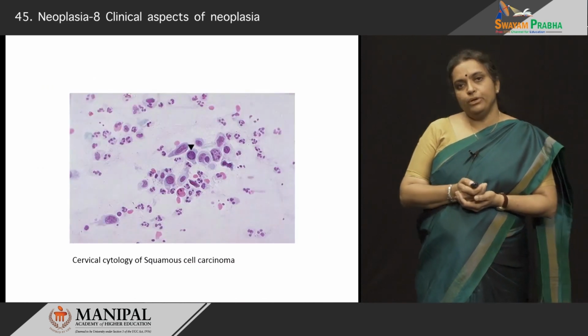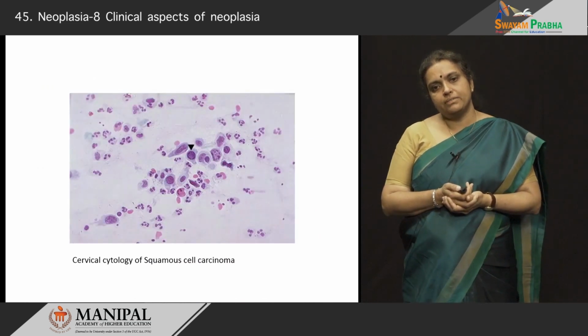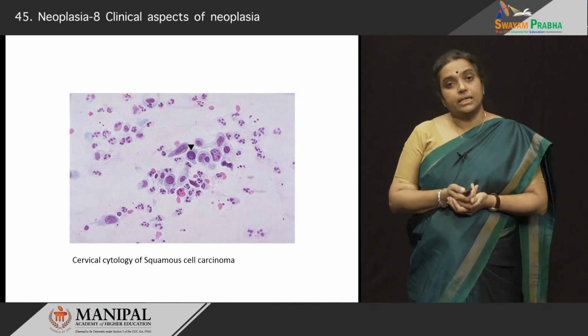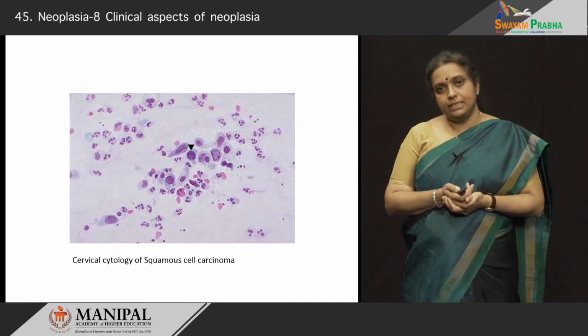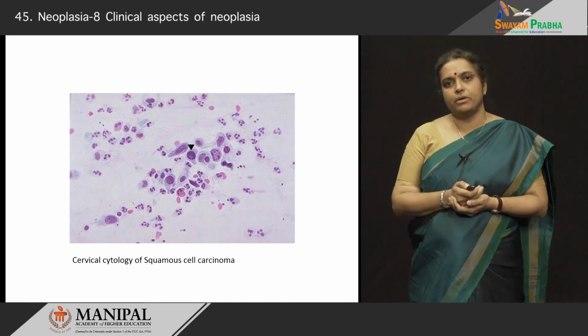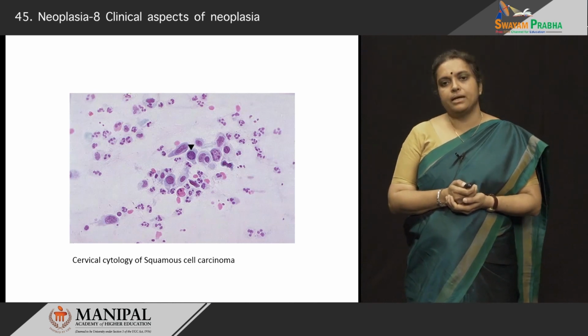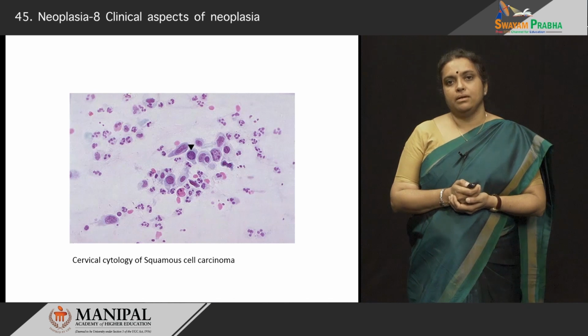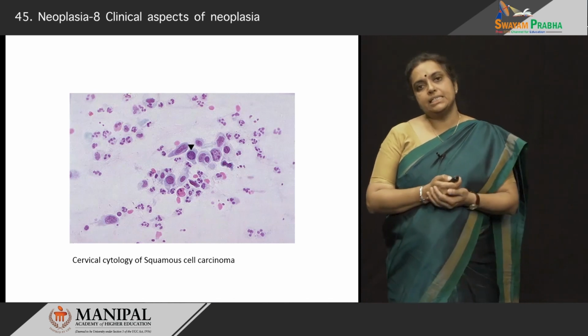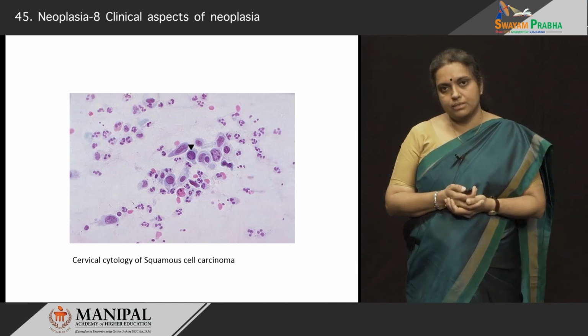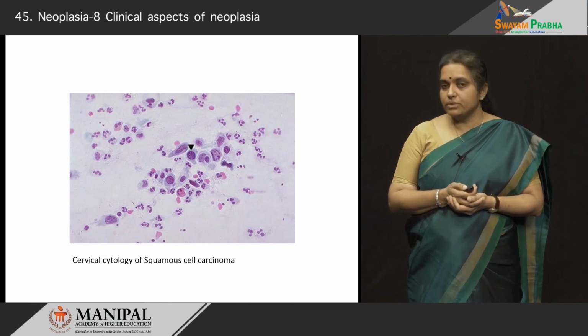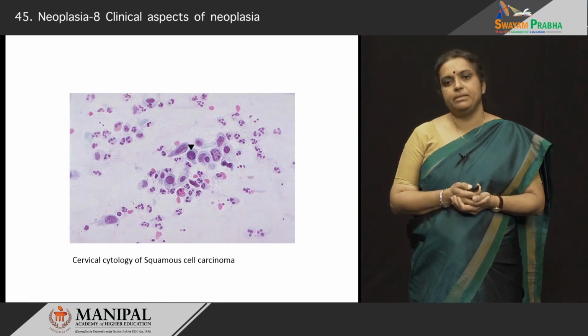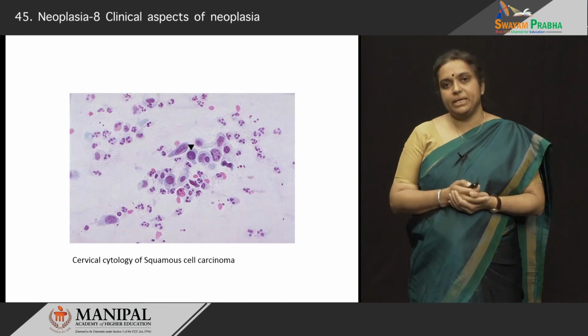This is an example of a cytology, a cervical cytology. Now, cytology for cervical cancer has emerged as a very important screening test, and it can detect very early lesions of cervical neoplasia, what is known as the squamous intraepithelial lesions, before they become invasive.